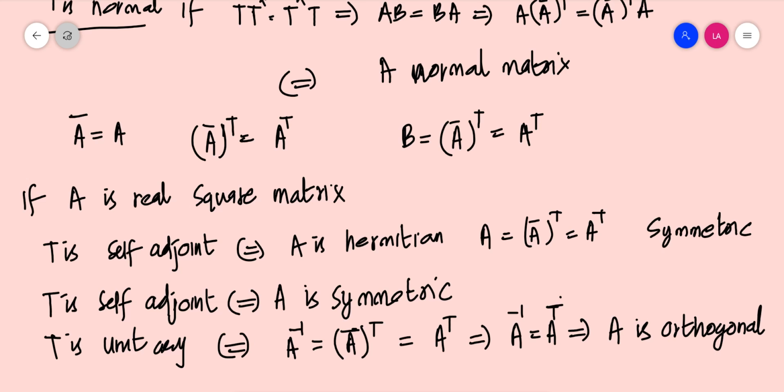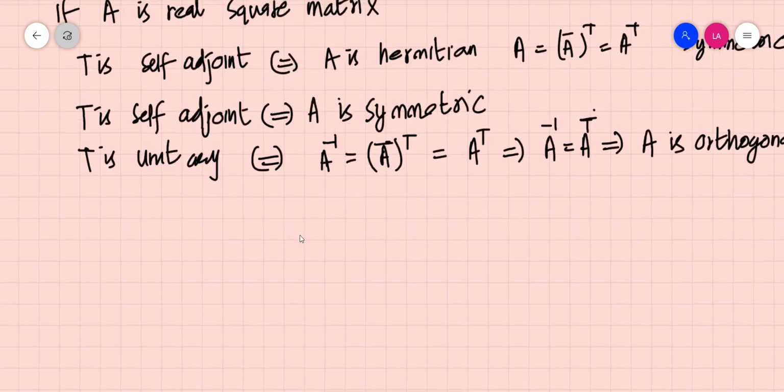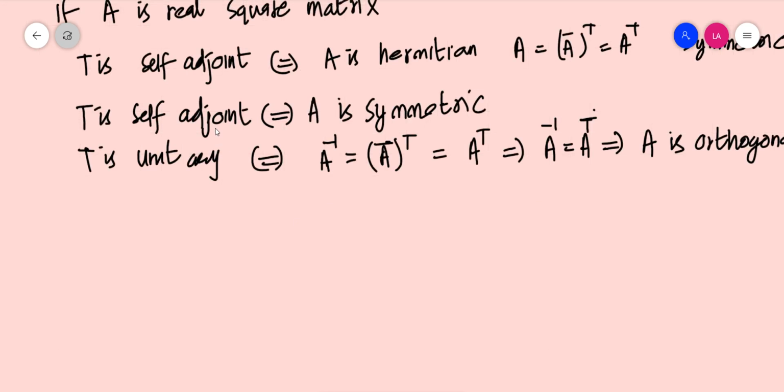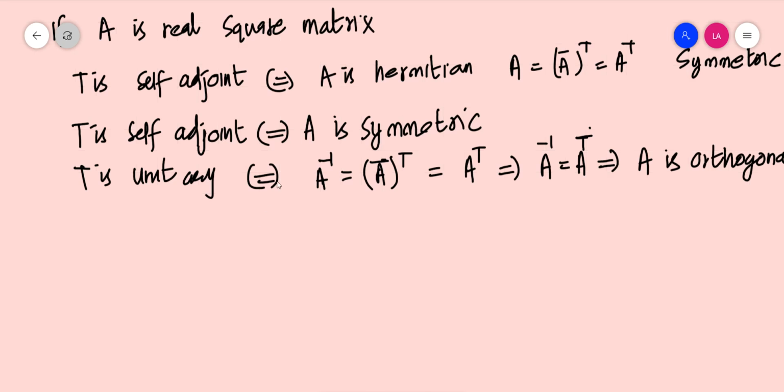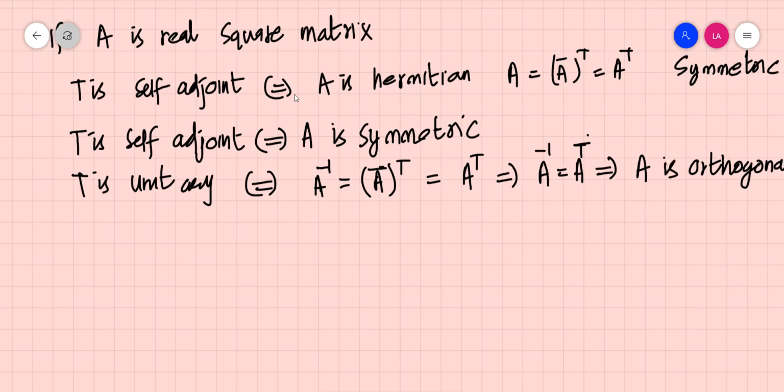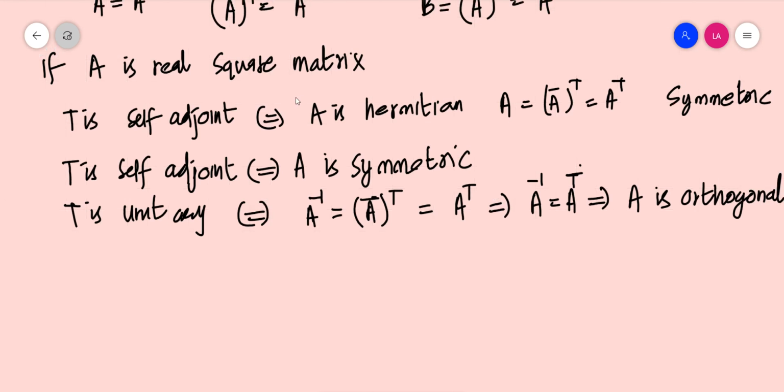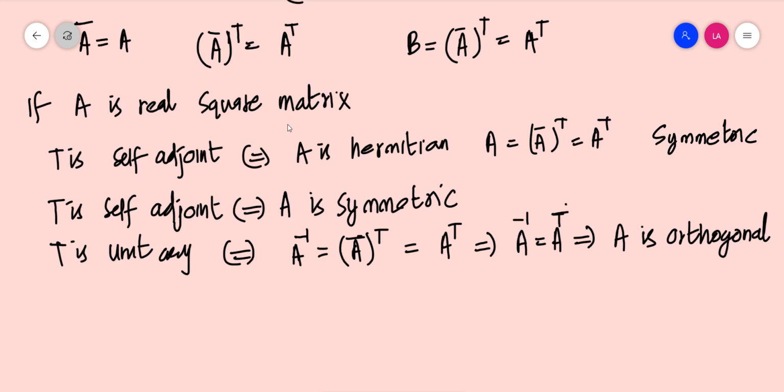So for every bounded linear operator, its properties such as self-adjointness, unitarity and normality can be interpreted in terms of the matrix as well. So in the case of a complex matrix, an operator T is said to be self-adjoint if and only if the associated matrix A is Hermitian, T is unitary if the associated matrix is unitary, and T is normal if the associated matrix is normal.